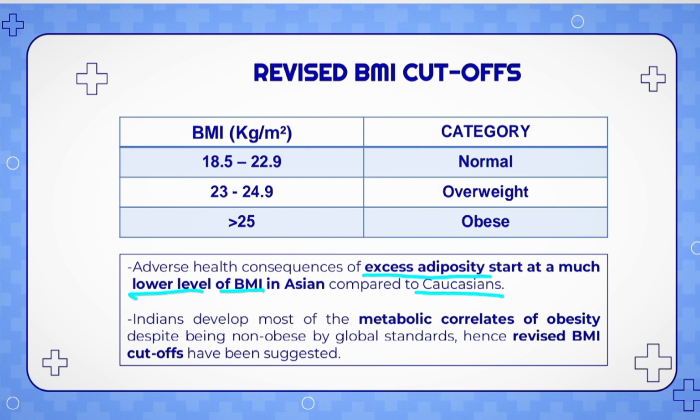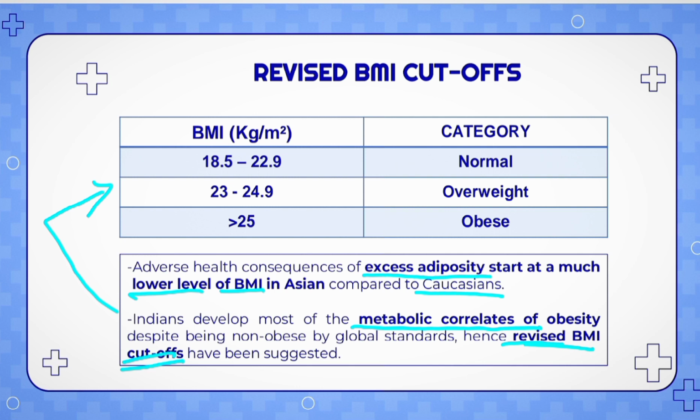It is also seen that Indians have a tendency to develop metabolic abnormalities, or metabolic correlates of obesity, at a low level of BMI as compared to Caucasians, and because of this reason the BMI cutoffs for Asians or Indians have been revised, as shown in this table.